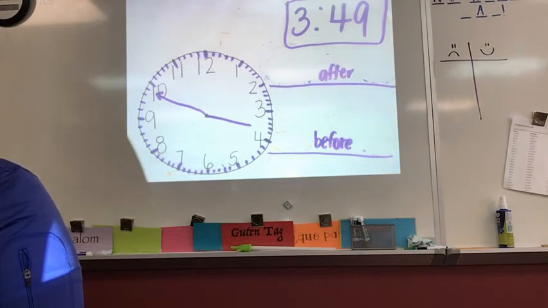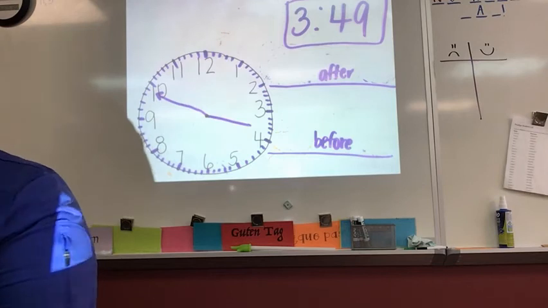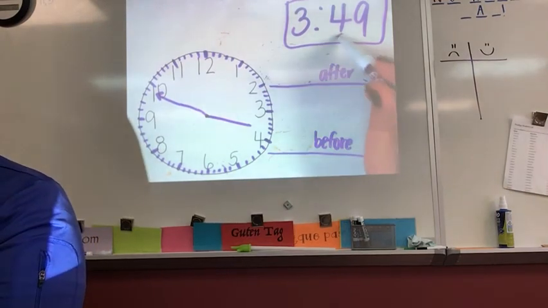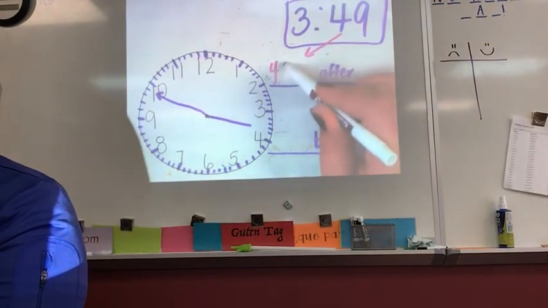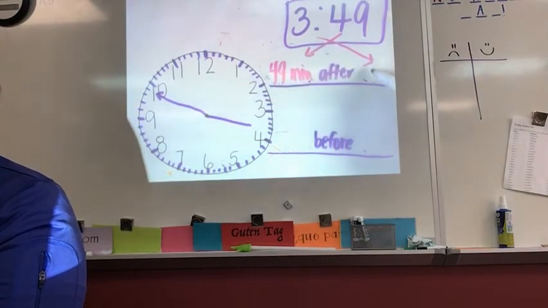So pause your screens for your work time, and when you're ready for the answer to check in with me, go ahead and press play. Okay, we can always start with that crisscross, so we know that we've gone 49 minutes after 3 o'clock.